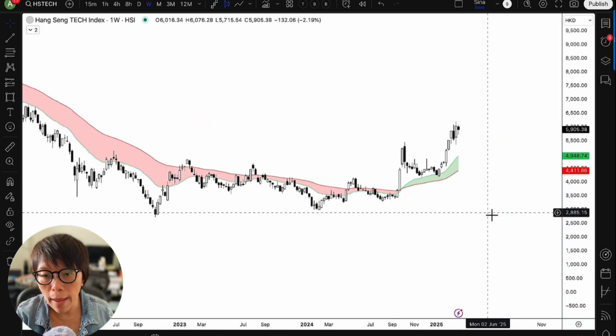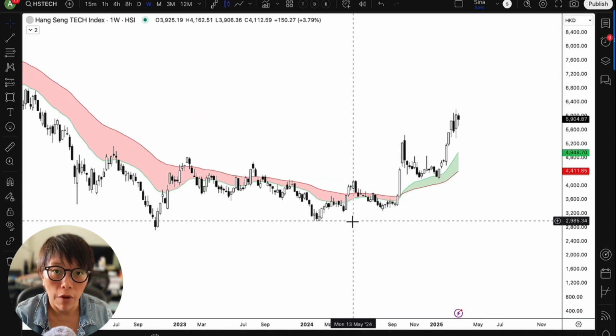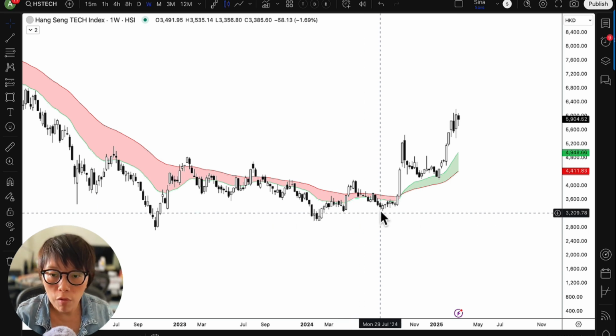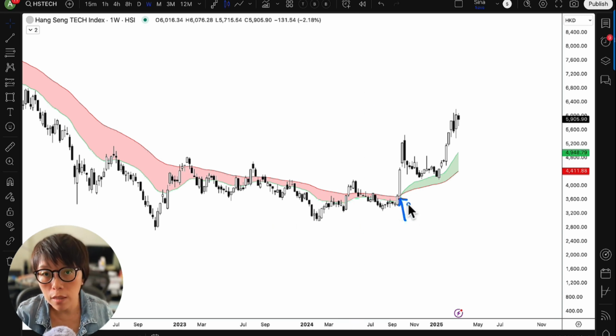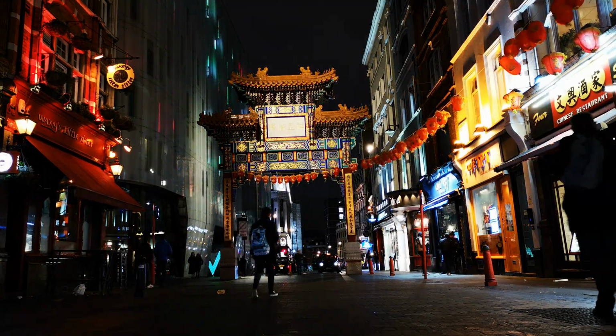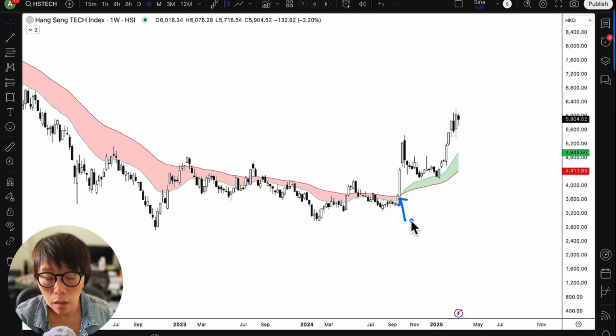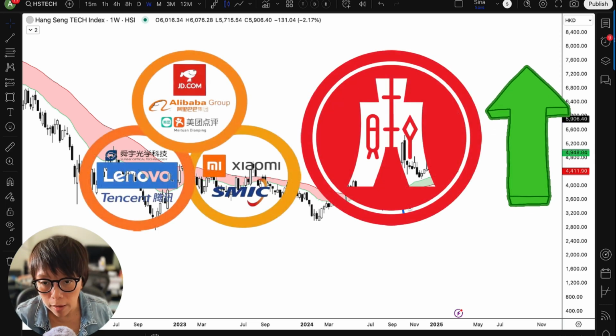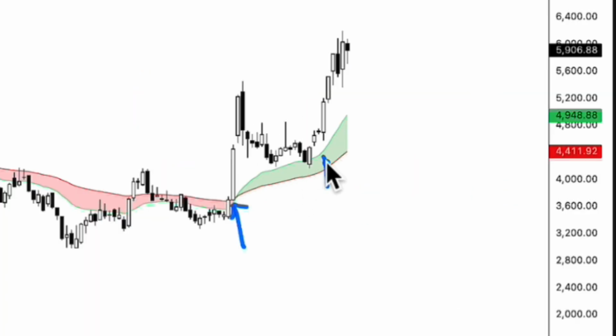Now, if you link this back to fundamental reasons, at this point of time, which was last year September, the Chinese government launched stimulus to stimulate the economy, and that resulted in stocks generally moving higher. And of course during this period, momentum gained, and a lot of analysts are saying that Hong Kong stocks are undervalued, and we saw positive news such as good earnings, all supporting prices to move higher.